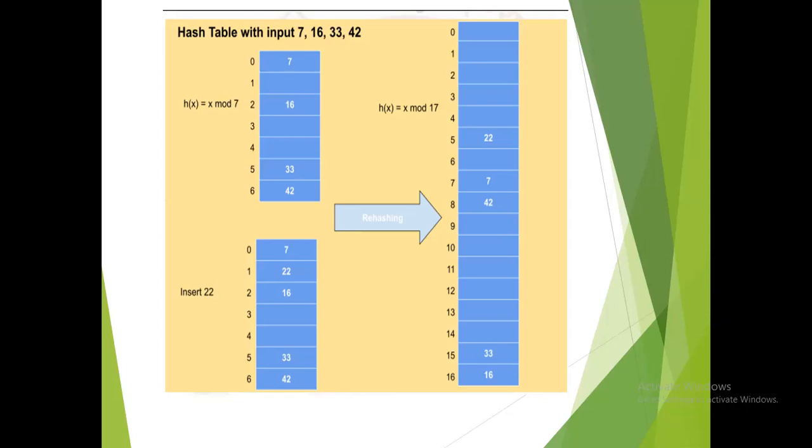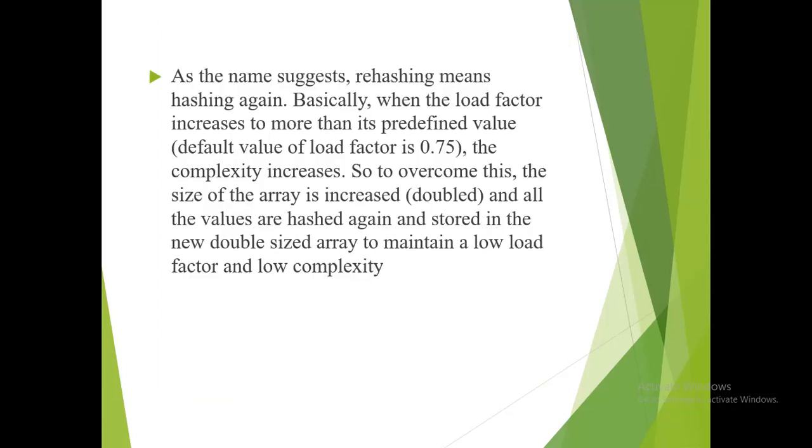The hash table with input 7, 16, 32, 42. As the name suggests, rehashing means hashing again. Basically, when the load factor increases to more than its predefined value, the default value of the load factor being 0.75, the complexity increases.